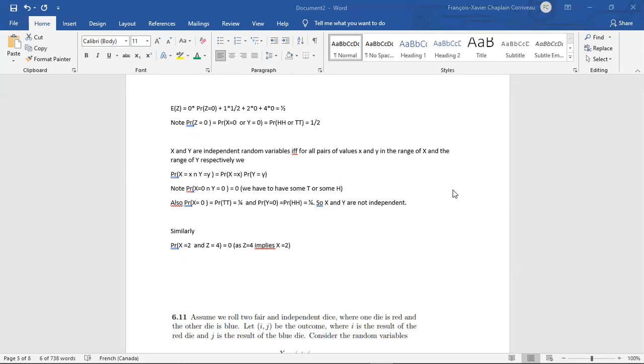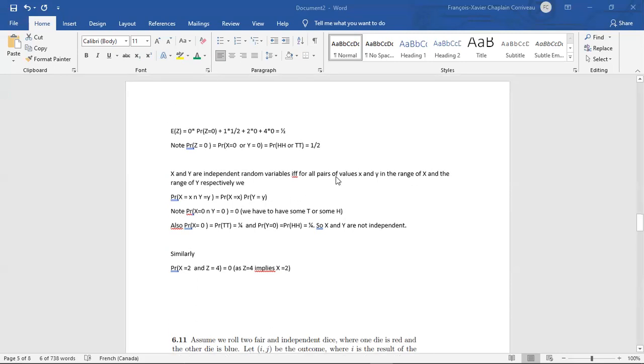Someone said z is equal to 1, x is equal to 1. So does that work? If x is equal to 1 and z is equal to 1, what is that probability?